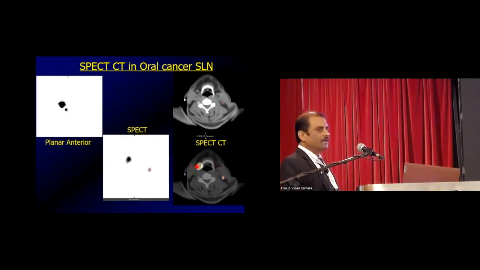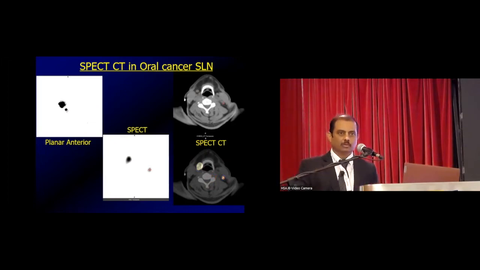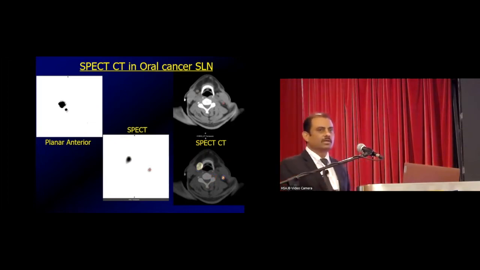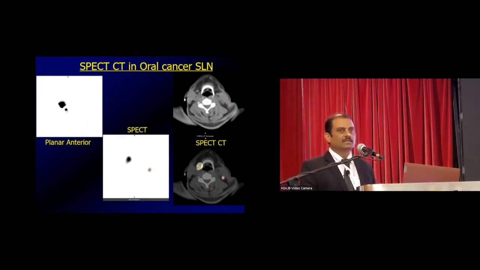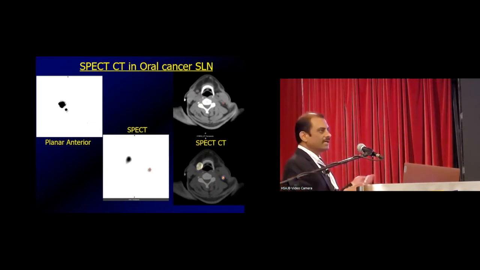One is a level 3 right small lymph node, around 4 to 5 millimeter, and there is a much smaller node on the opposite side, that is left level 3 node. So exact anatomical localization is possible only with SPECT-CT. So a simple SPECT may not be helpful. It is as good as a planar image.